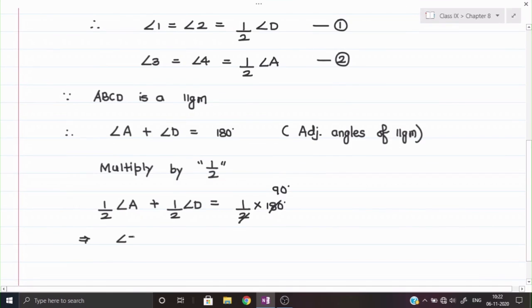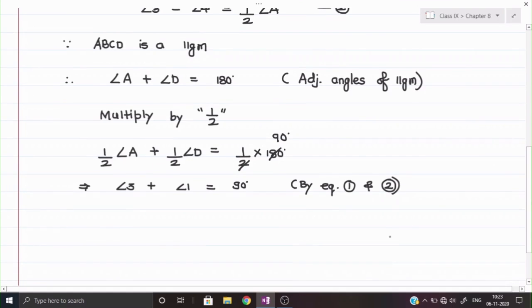So angle 3 plus angle 1 is equal to 90 degrees. Here the reason can be given by equation first and second. Okay, so here we got angle 1 plus angle 3 as 90 degrees. This is our equation number 3.